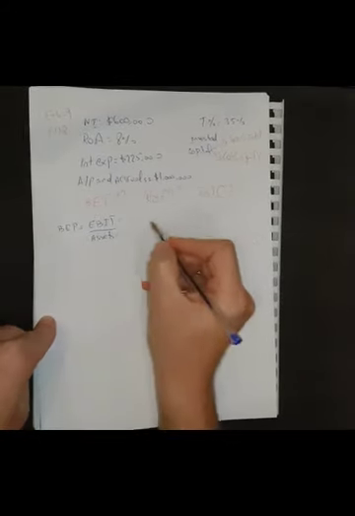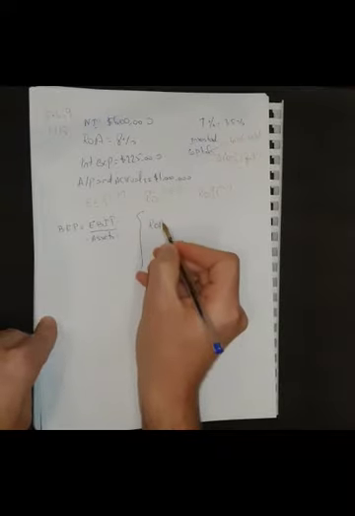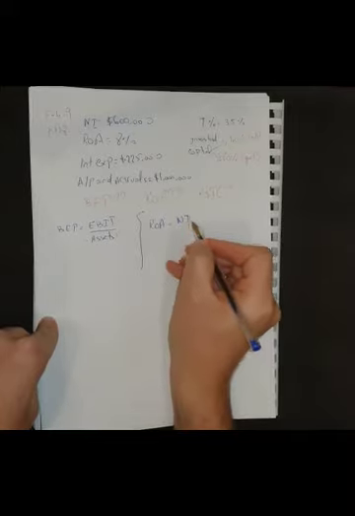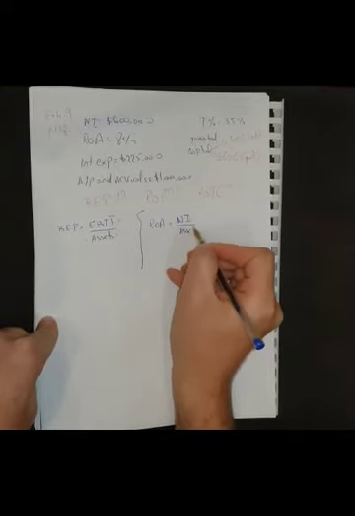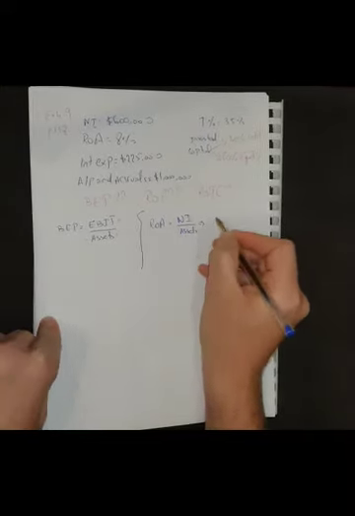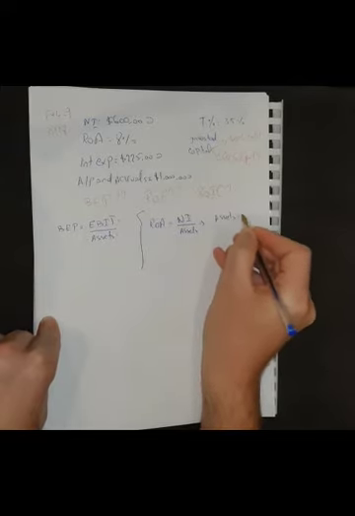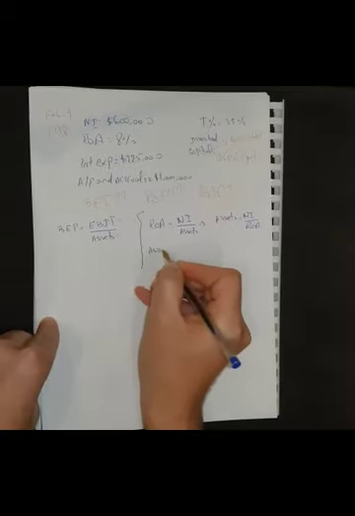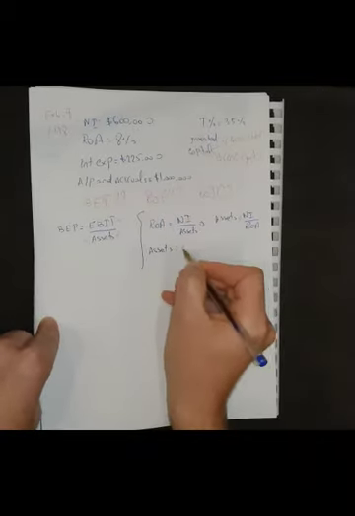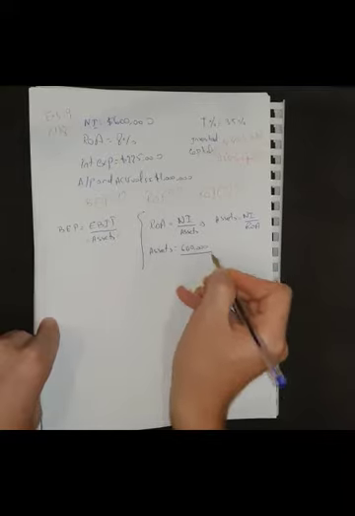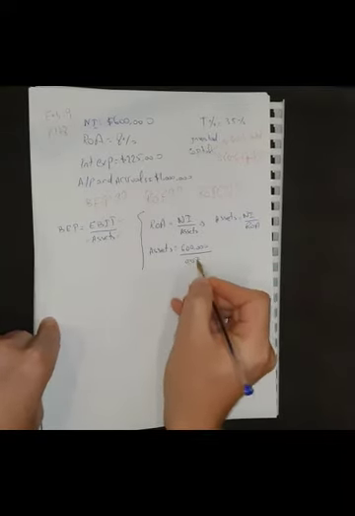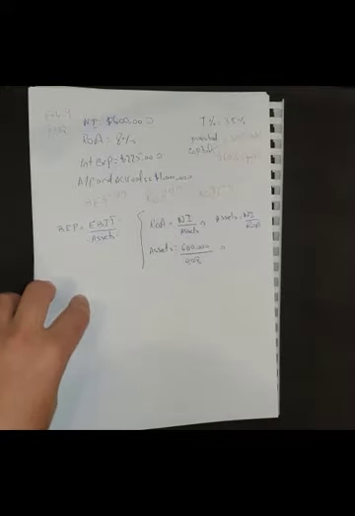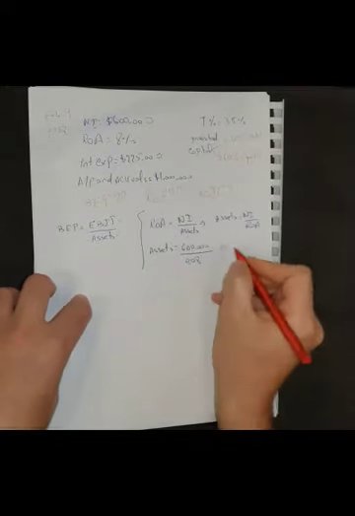ROA is given 8%. It is equal net income over assets. So assets equal net income over ROA. Assets equal 600,000 net income over ROA 8%, so 0.08. So assets equal 7,500,000.